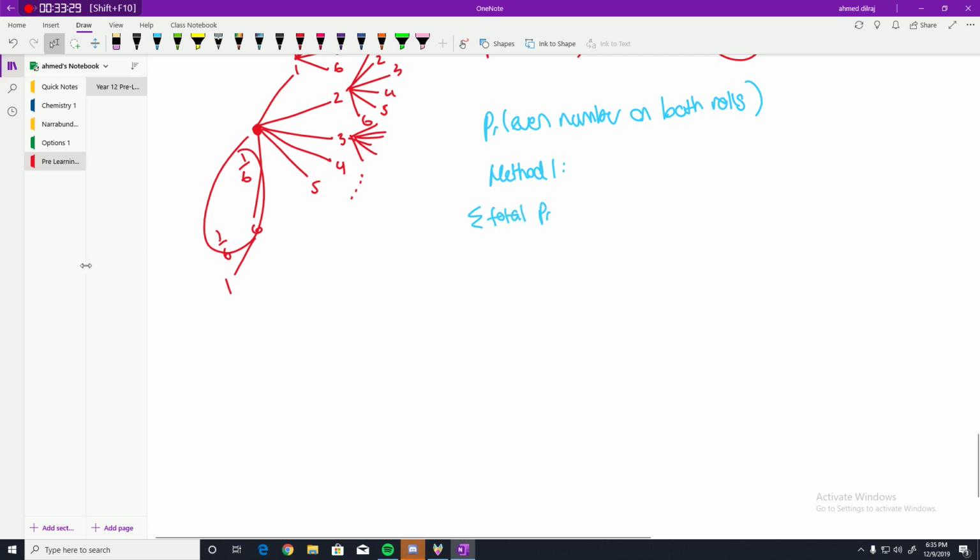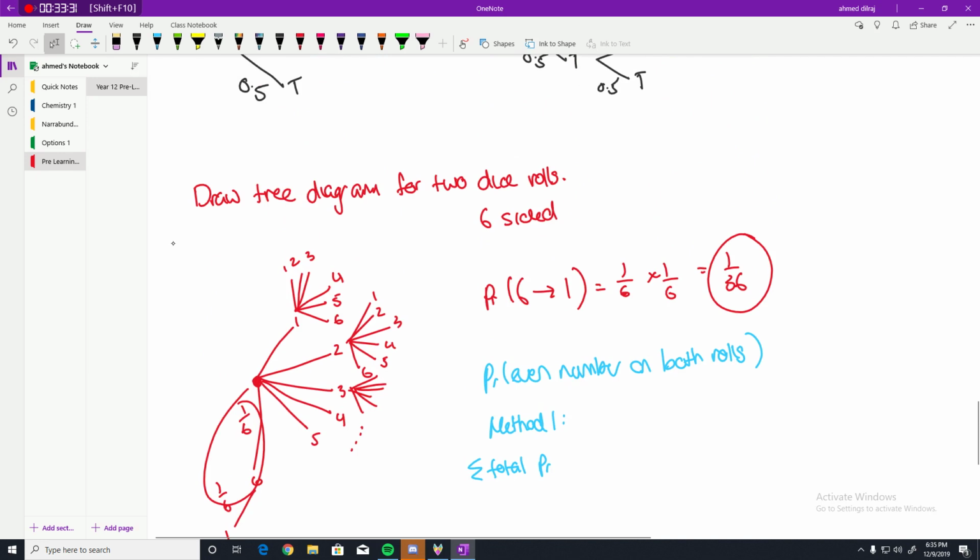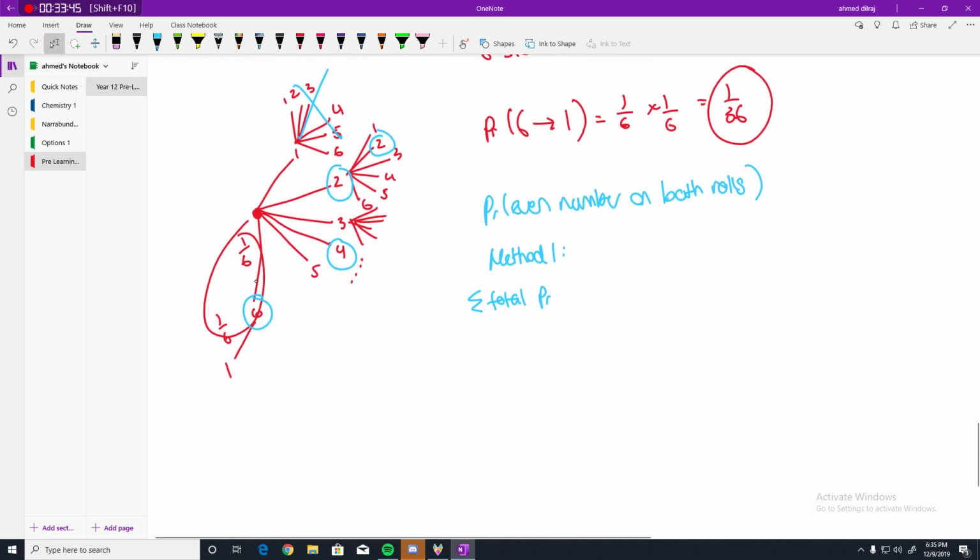Okay, so obviously we need to get both even numbers. So 1 is out. We can't get a 1 on the first roll. We can only get a 2, a 4, or a 6 on the first roll, right? If we get a 2 on the first roll, then we need an even number on the second roll. So let's write down what they are.